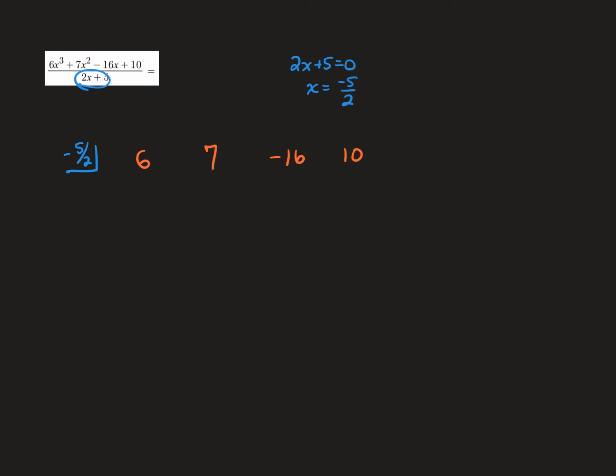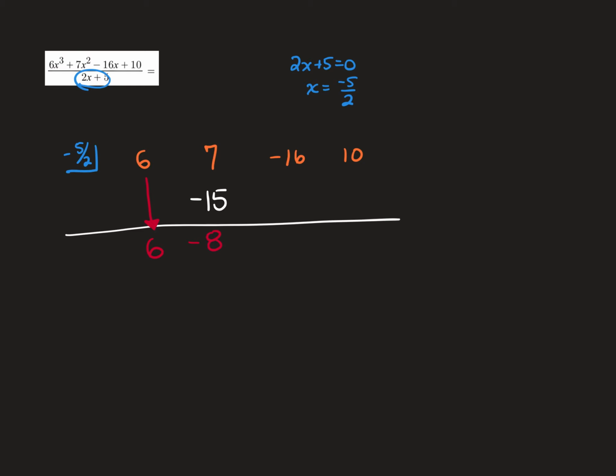Draw my line and start the whole process by bringing down that first number. So 6 gets brought down, and we start the process. I'm going to take 6, multiply it by negative 5 halves. So that's going to be negative 30 divided by 2. That's negative 15. And then I add negative 15 and 7 to get negative 8.